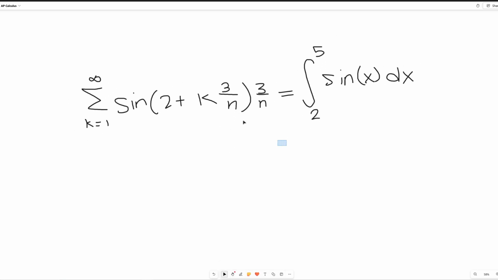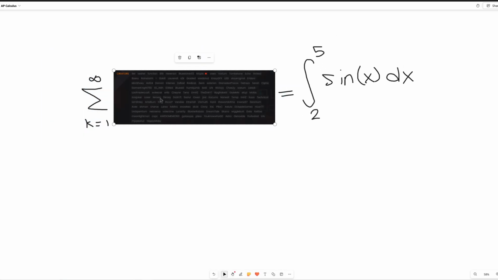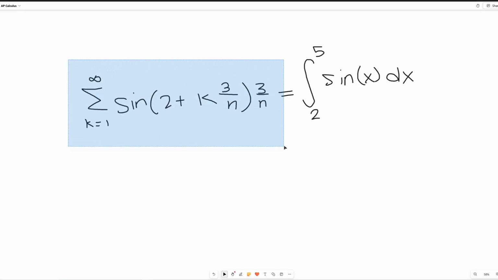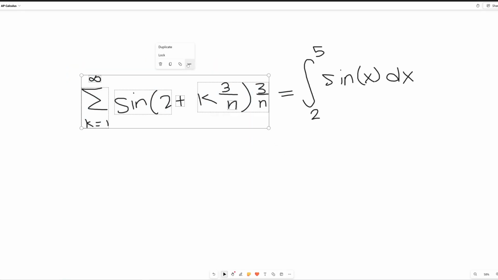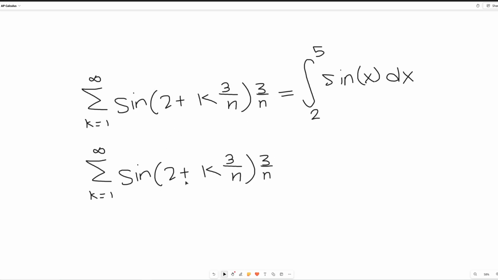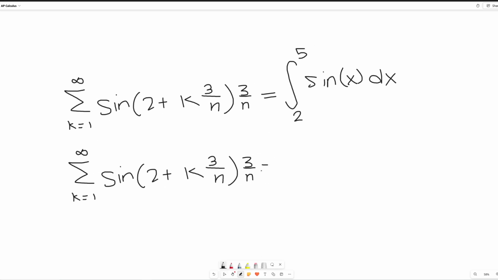This, I'm just going to copy this over. Can also be written as not taking this a value into account. So, if you don't take that a value into account, pretend that 2 is part of the function, you will still have your 0 to 3. This is still your delta x, except now you'll have sine 2 plus x dx.